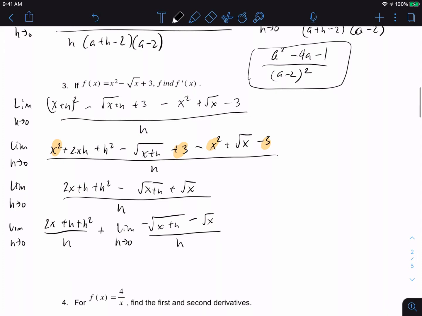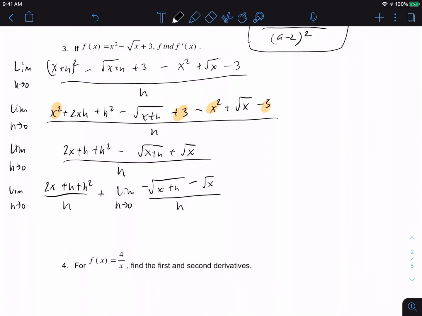The first part's easy, right? The left-hand side's easy. Professor, I have a question. On the second breakdown, I'm not sure where you got to 2x plus h. On top, I see a 2x plus h squared, and on the bottom, it broke down to 2x plus h. Oh, this should have an h. Yeah. Thank you. So we can see an h is going to come out, and from here, I'm going to get 2x.